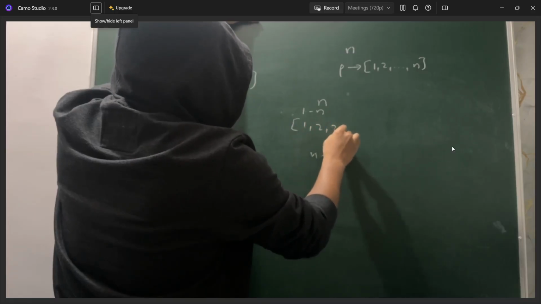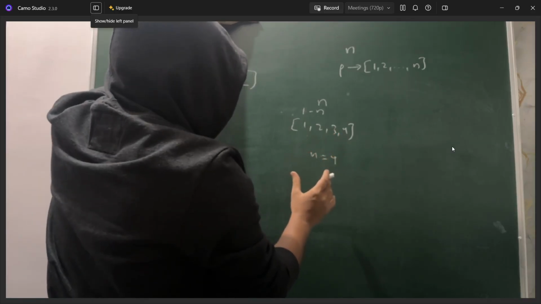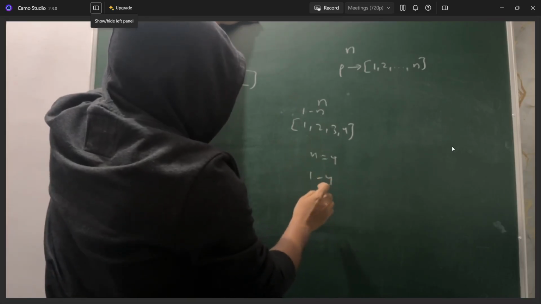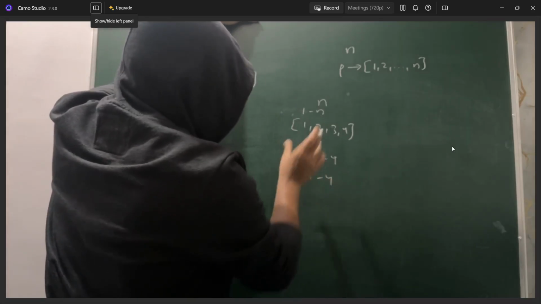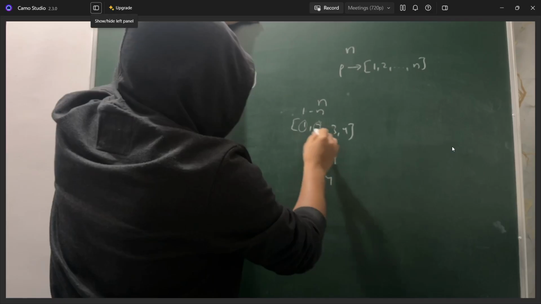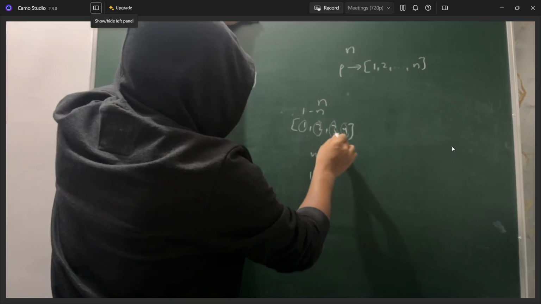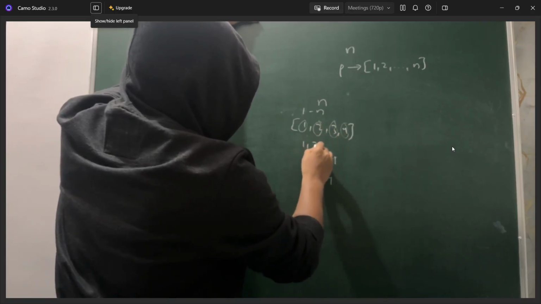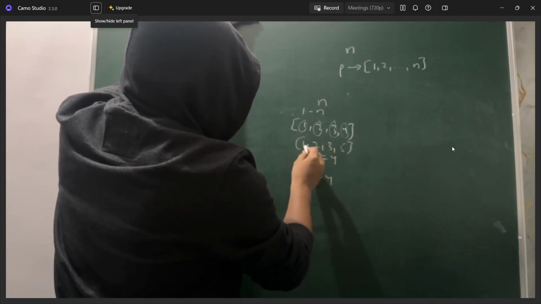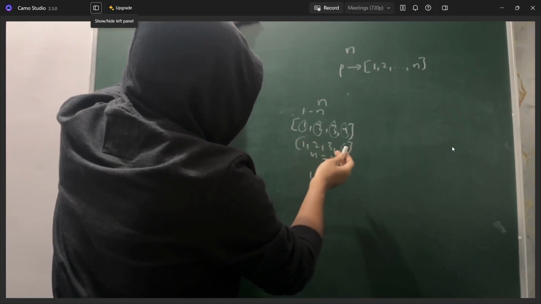Your array should have numbers from 1 to 4, and the array length should also be 4, which means all the elements from 1 till 4 should be unique. Each should occur only one time, and there shouldn't be something like 1 2 3 5, right? If you do this, you don't have continuous elements. 1 2 3 you have, but 4 you don't have.